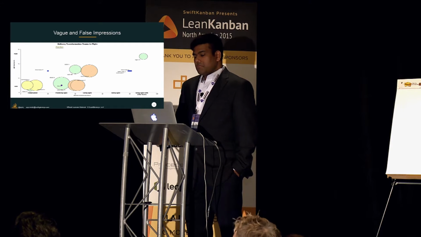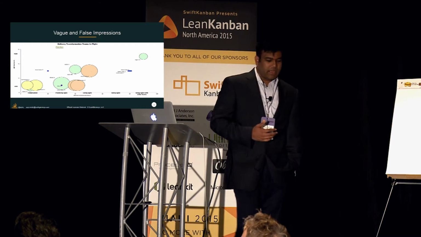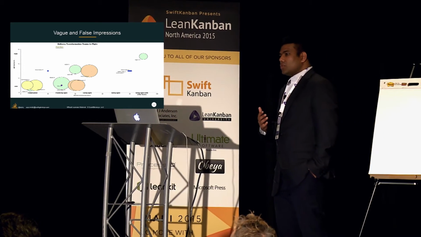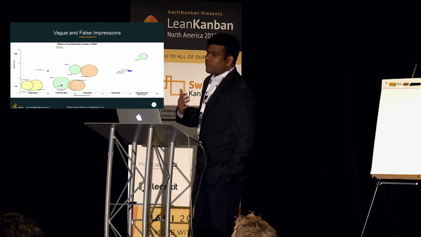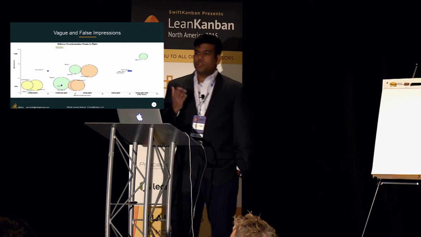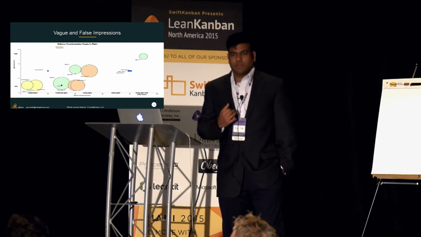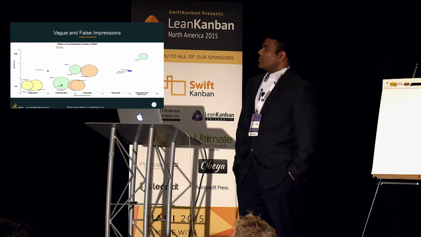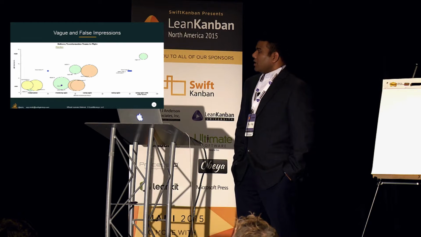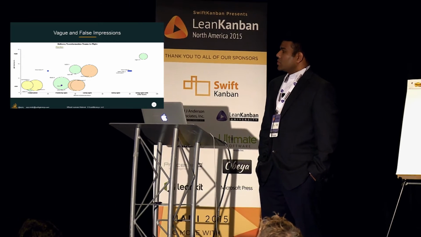And the thing about that is that you'll see a lot of this sort of success of frameworks shown in things like this. I'm sure many of you might have seen this. This is VersionOne's graph showing how popular frameworks are. And apparently, according to this, Scrum is the most popular framework.